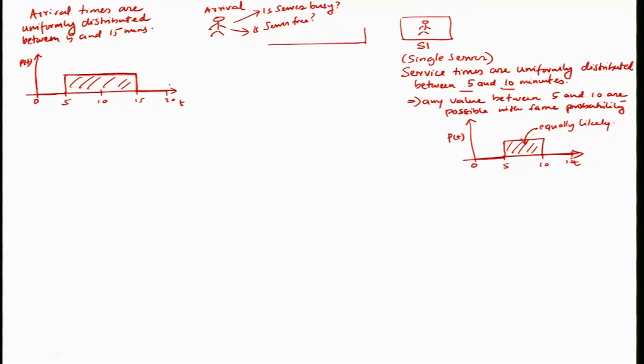So, this is what is called the PDF, probability density function, the PDF of the arrival and service time distributions, and this is a queue of the server. It is FIFO, first in first out, and has infinite capacity.